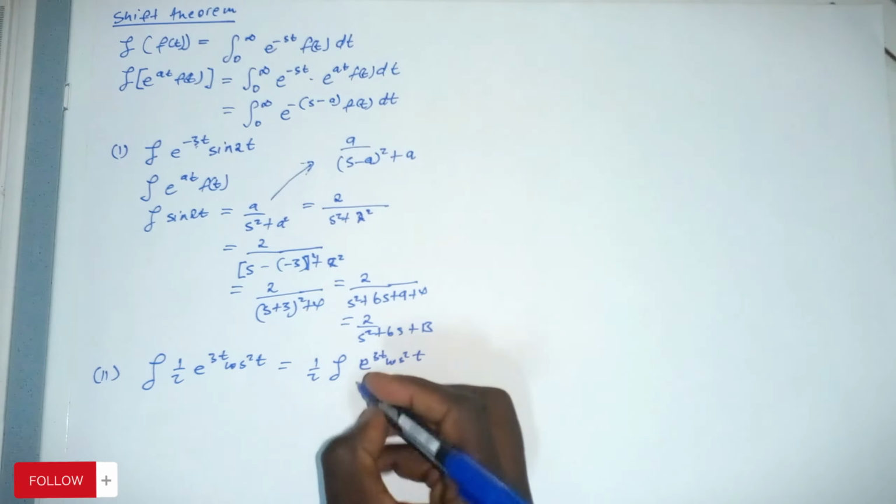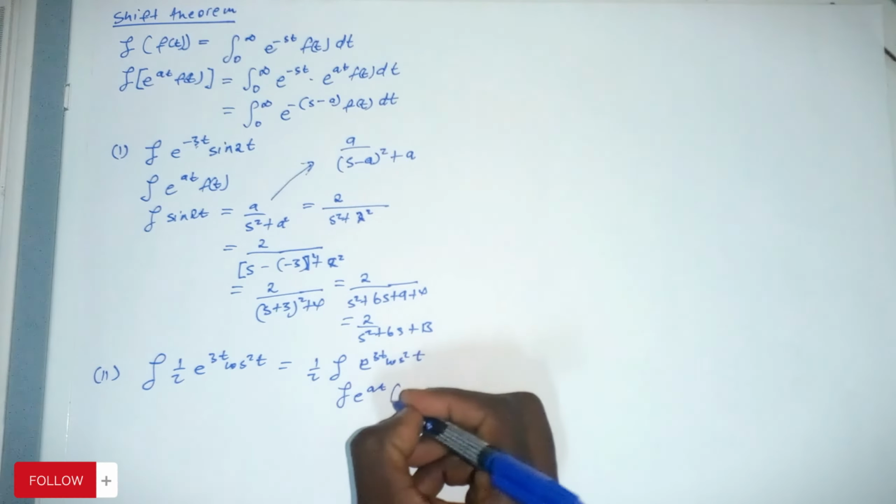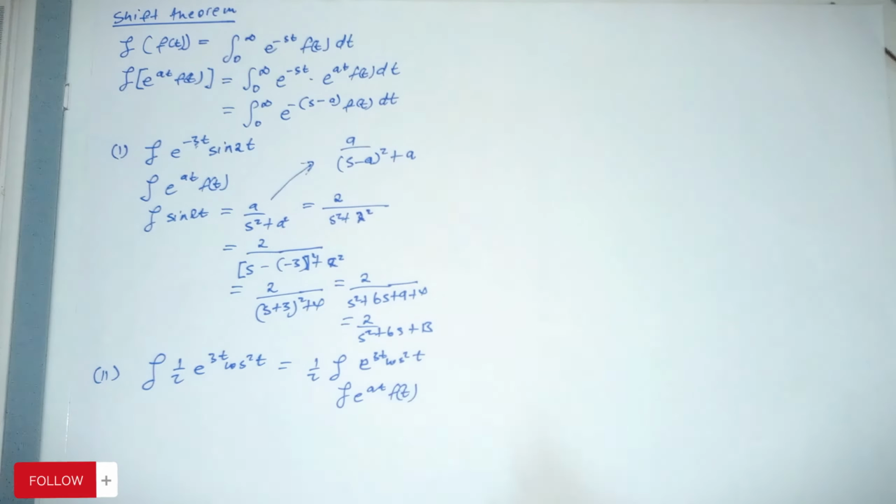So this is in the form e to the power at f(t), in which f(t) is equal to cos squared t. And I've already shown you how to find the Laplace transform of cos squared x using trigonometric identities.